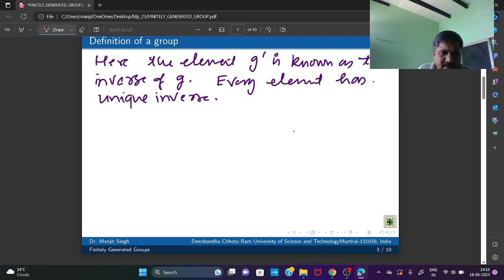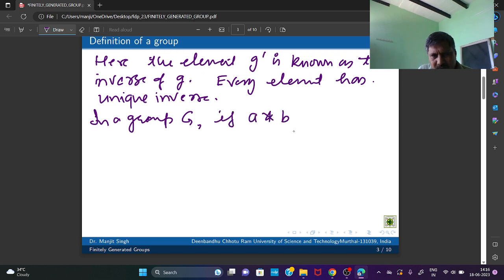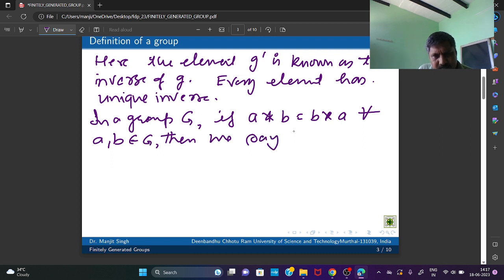Another situation: in a group G together with the binary operation star, if a star b equals b star a for all a, b belonging to G, then we say G is an abelian group, named after the mathematician Abel.